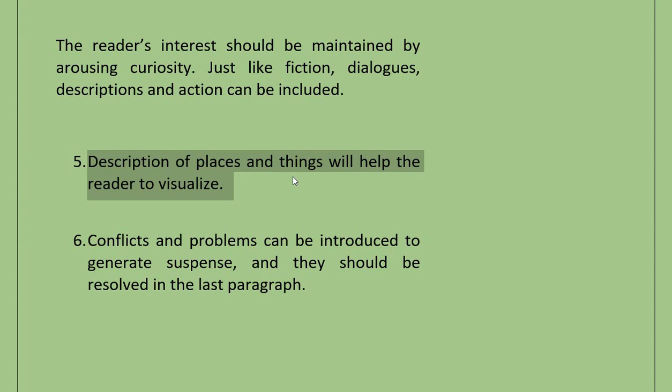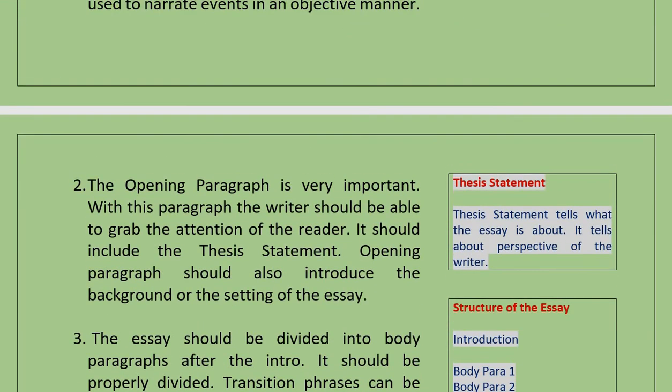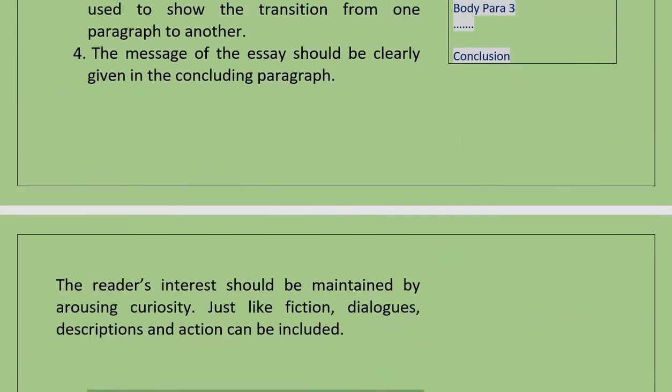So just like a story, in a narrative essay you can describe the places and things, which will help the reader to visualize it. Then conflicts and problems can be introduced to generate suspense, and they should be resolved in the last paragraph. So these are some of the guidelines that are given while writing a narrative essay.